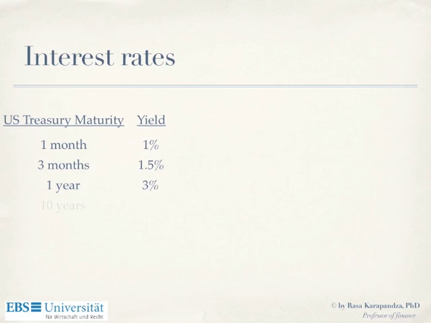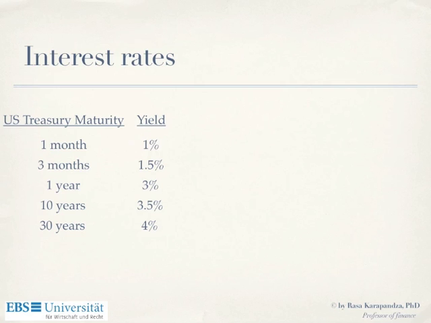If you invest in a 1 year bond, you will get, I don't know, 3% per year, etc. So you'll get more per year with longer maturity. This is usually the case. There are some special times when this does not hold, and we will talk about that in the next class, when this yield curve becomes what is called inverted.